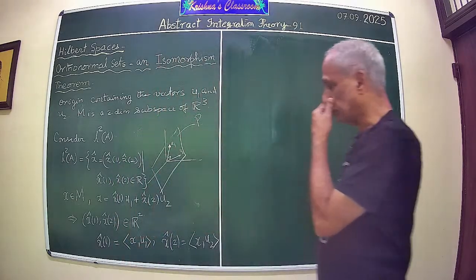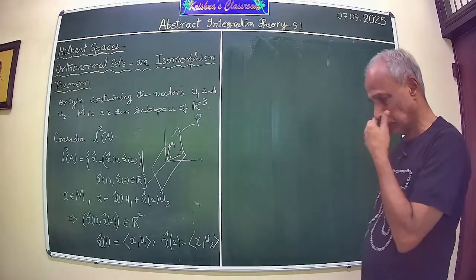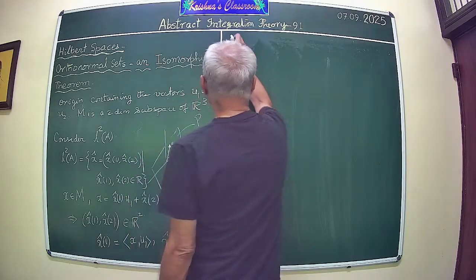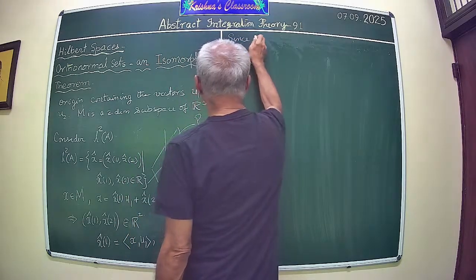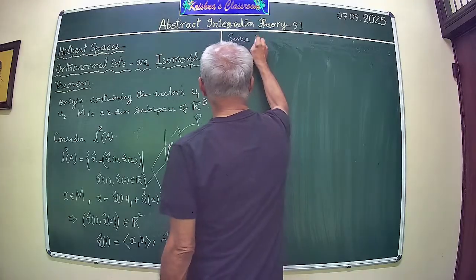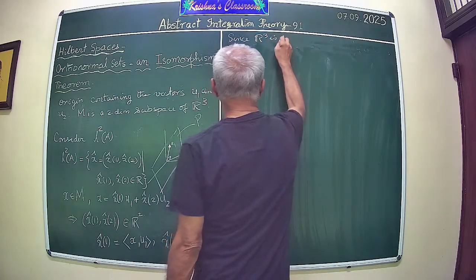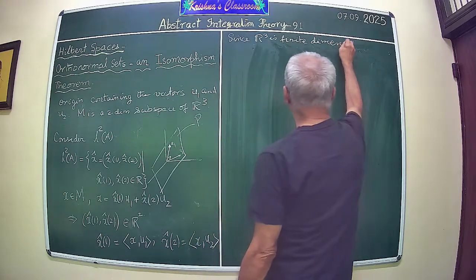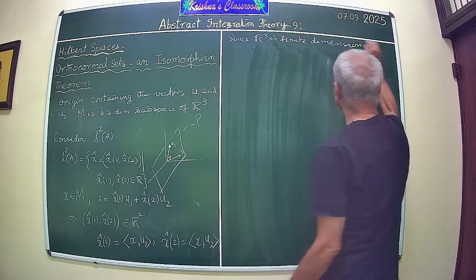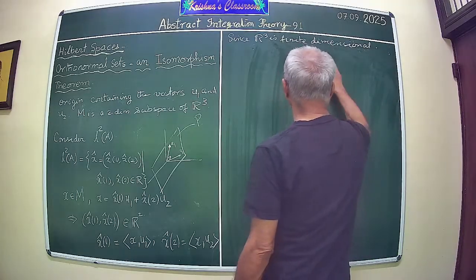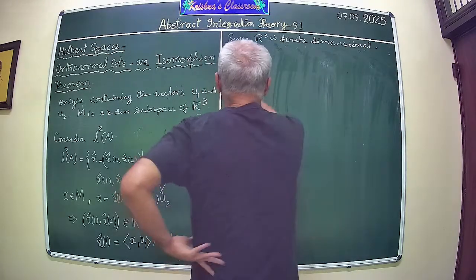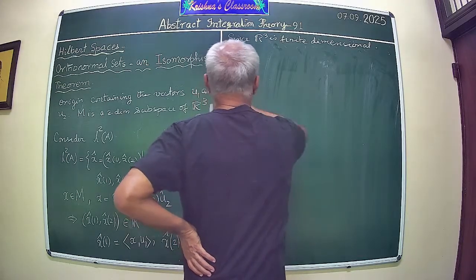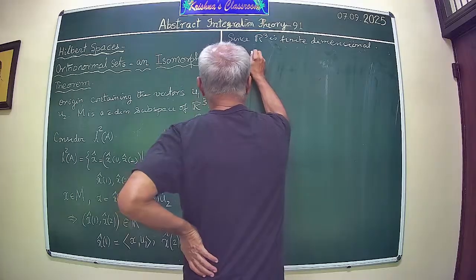Let me call this P. Now in this case, what happens is that since it is finite dimensional, P is closed.